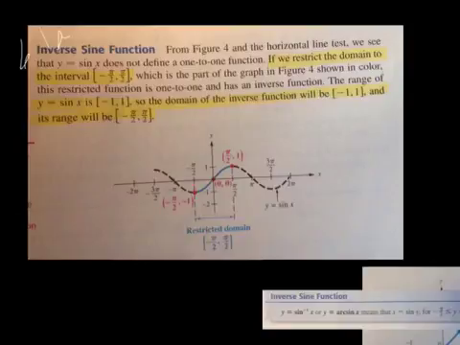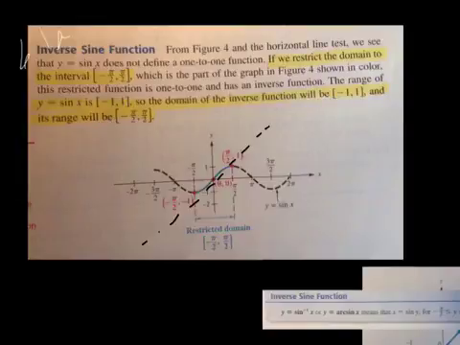Now, what they're talking about doing is an inverse function. So what they're going to do is take y equals x, which is this 45-degree angle that goes through here, and let me make my pen a little bit smaller here, and they're going to flip this thing across that line.